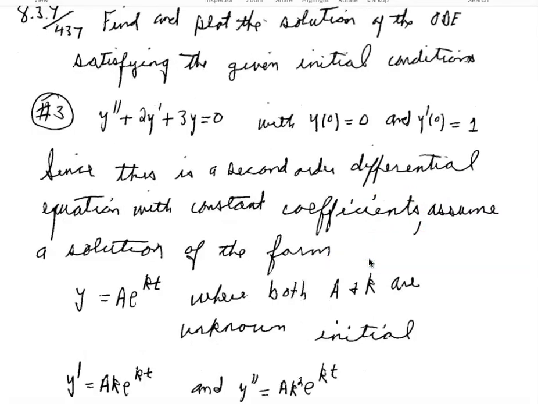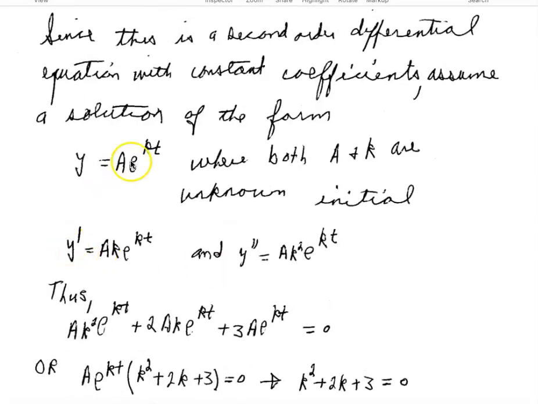All right. So once again, you do just as I said previously. We're going to assume that this expression is a valid solution: y equals A e to the kt, and we're going to substitute this quantity into the differential equation.